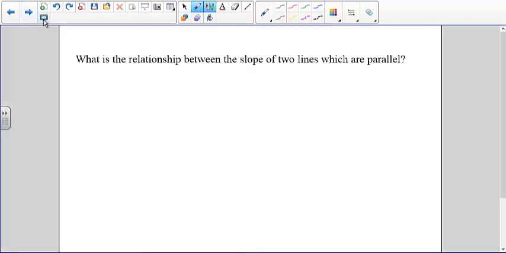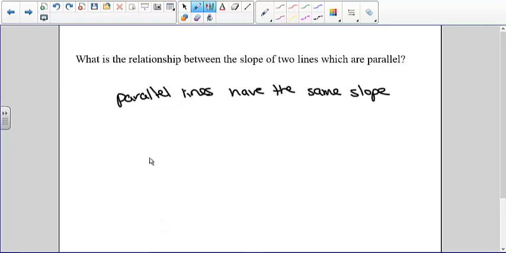Okay, now we got a few things here. Parallel lines are lines that are in the same plane that never intersect. And as a consequence, the relationship between the slope of two parallel lines is they have the same slope. So parallels have the same slope, and you could say, what's the word?